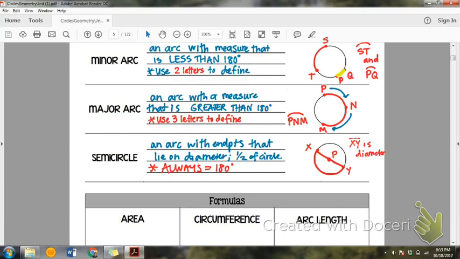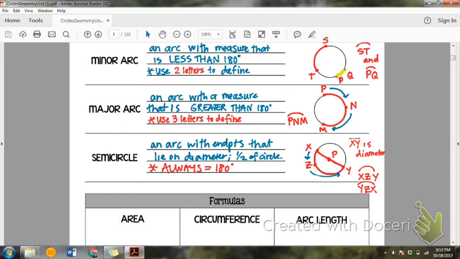And then I have semicircle X, and I need 3 letters, right? So I need another point on there. So we'll put a point here. We'll call this point Z. And so if XY is the diameter, then this semicircle we're going to name with an arc, X, Z, Y. Again, we have to go in order. Start with X, Z, Y. I hear some of you already asking this in your head maybe, you could also say Y, Z, X. It's the same thing. Okay?